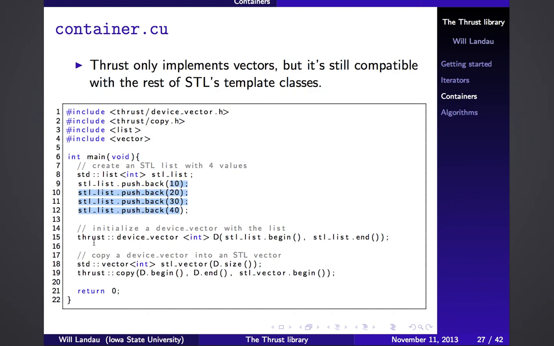So I can create a device vector of ints, and I can call it D. And I can copy all of the elements in that list into D from the host to the device. Even though this is a list, this still works, which is really cool. You can use all sorts of different data types at once, and you can still use thrust.